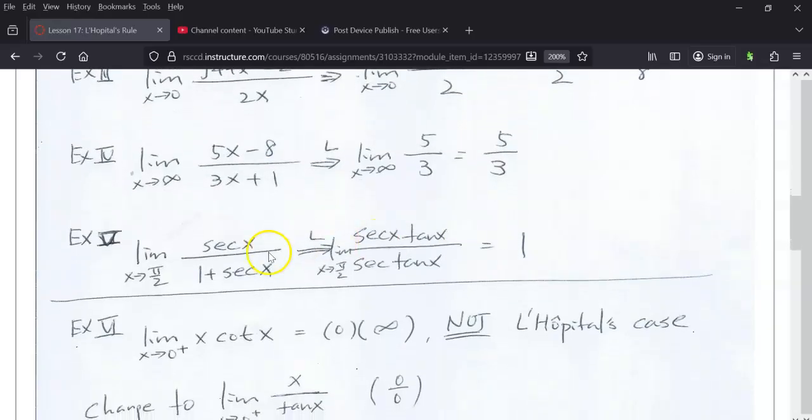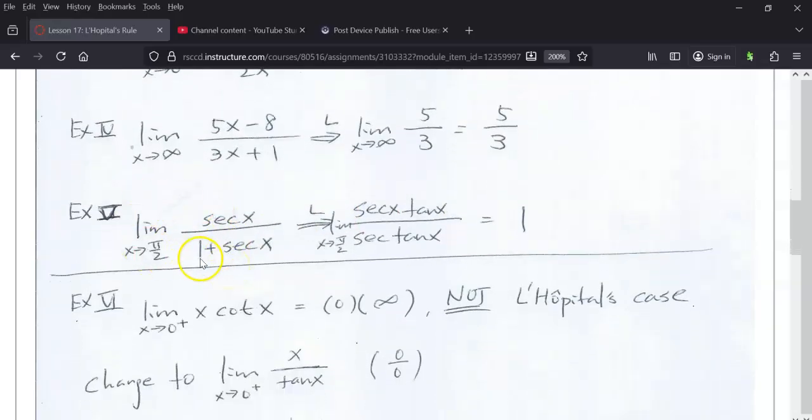Okay, now example 5. L'Hopital also works with trigonometry. If you look at our trig functions, if we let x equal pi over 2 in secant x over 1 plus secant x, in this case, you're going to get a L'Hopital situation. So what do we need to do?